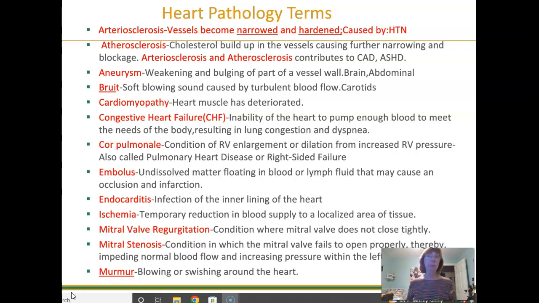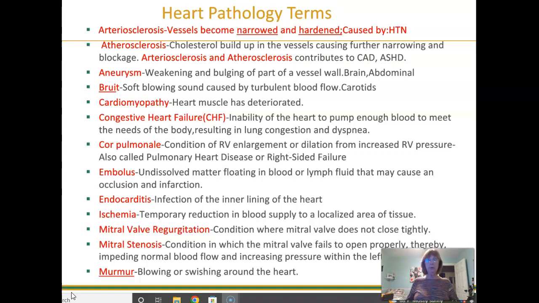Aneurysm is a weakening and bulging of a part of a vessel wall. The most common ones are brain and abdominal. Down in the abdomen, you've got the aorta, which comes out of your heart, and this is the main pipe. It goes down in your stomach, and when you're lying flat, you can feel it pulsating right above your belly button.